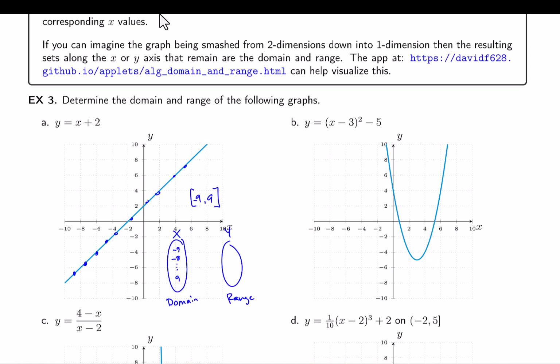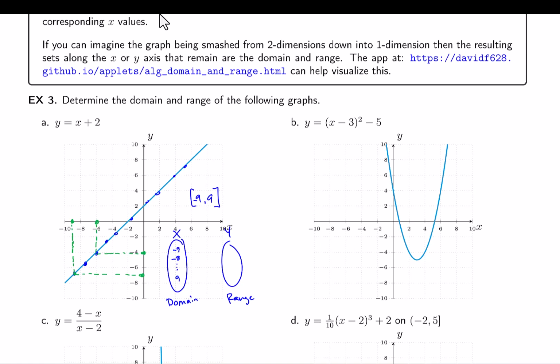Now, interval notation can get a little bit tricky sometimes. For every single point that I find along here, I'm trying to find out if for the x there is a corresponding y value. So for, say, -9, there is a corresponding y value here. For -6, there is a corresponding y value.